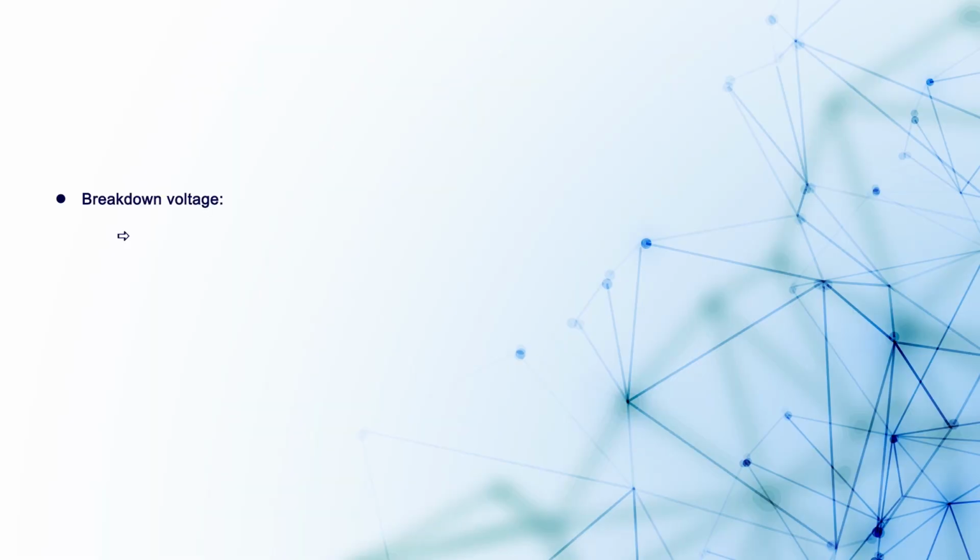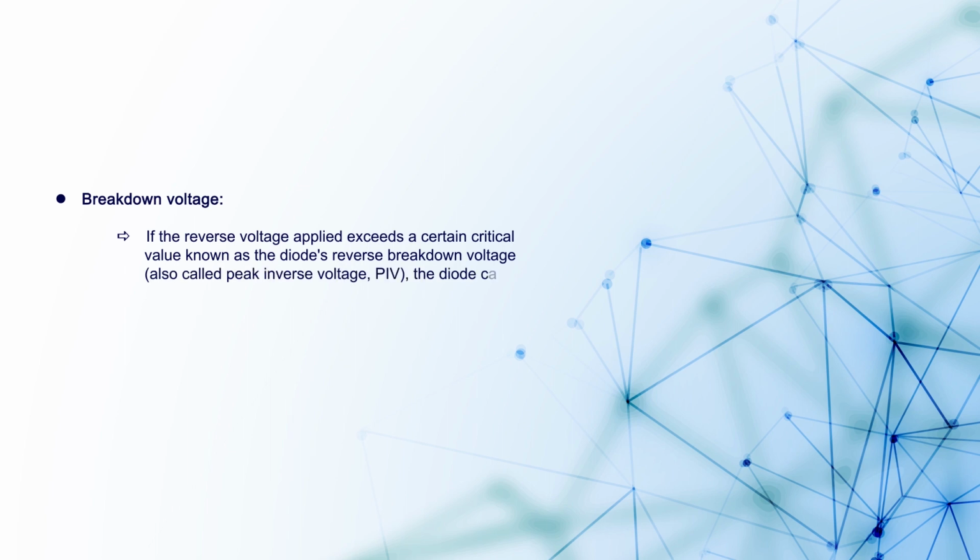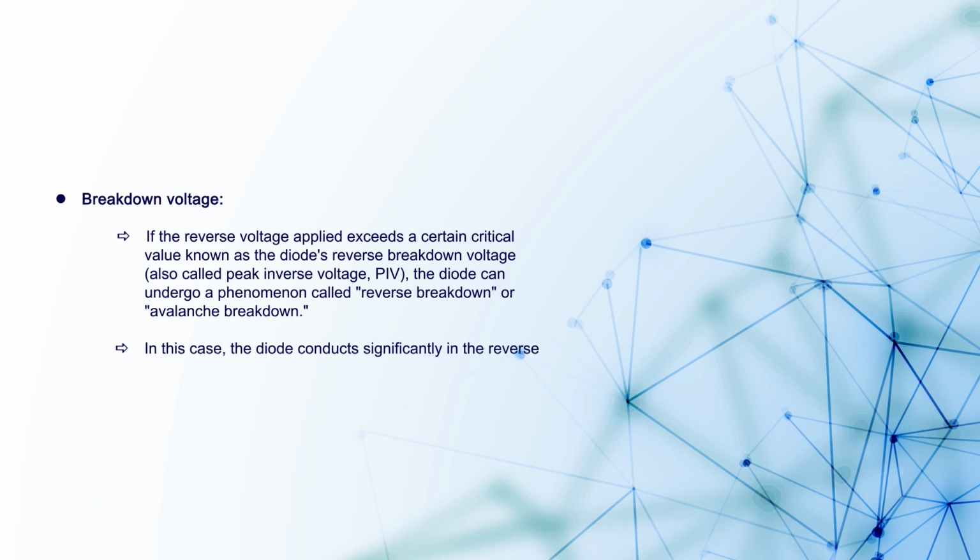So, during the reverse bias condition, the diode acts as an open circuit and it offers a very high resistance to the flow of current. Third is breakdown voltage. If the reverse voltage applied exceeds a certain critical value known as the diode's reverse breakdown voltage, also called peak inverse voltage or PIV, the diode can undergo a phenomenon called reverse breakdown or avalanche breakdown.